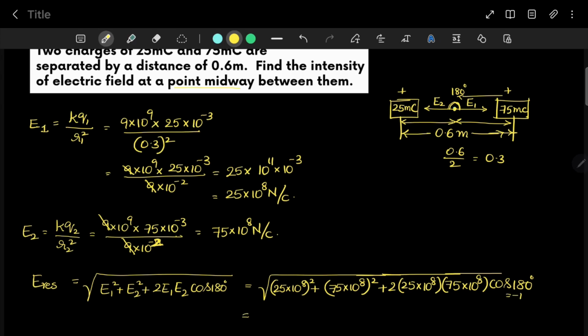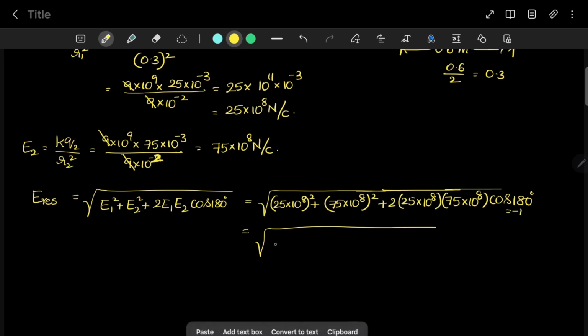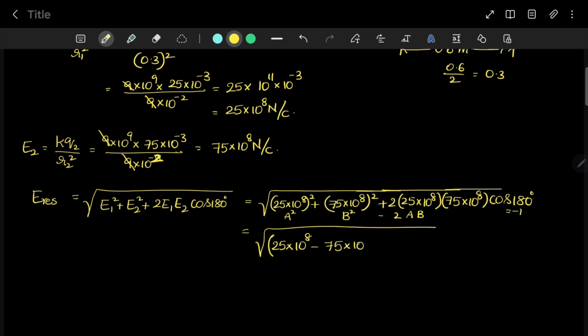If you substitute that there, you will get this minus 1. It is like a square plus b square, and this minus 2ab, which is a minus b whole square. So I can write it as 25 into 10 power 8 minus 75 into 10 power 8, whole square.